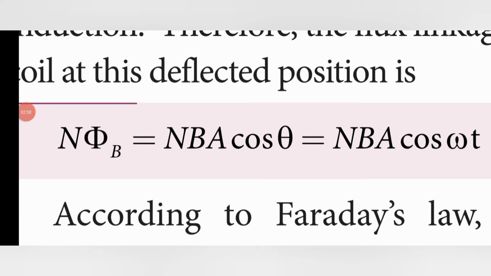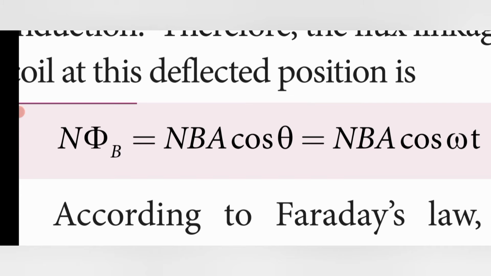In this derivation, at time t the coil is rotating at the angle theta, where theta is equal to omega t. I already gave the explanation about that. With the anticlockwise direction, the flux linked with the position is cos omega t. So the component we have to take is cos omega t only, the component parallel to the plane.